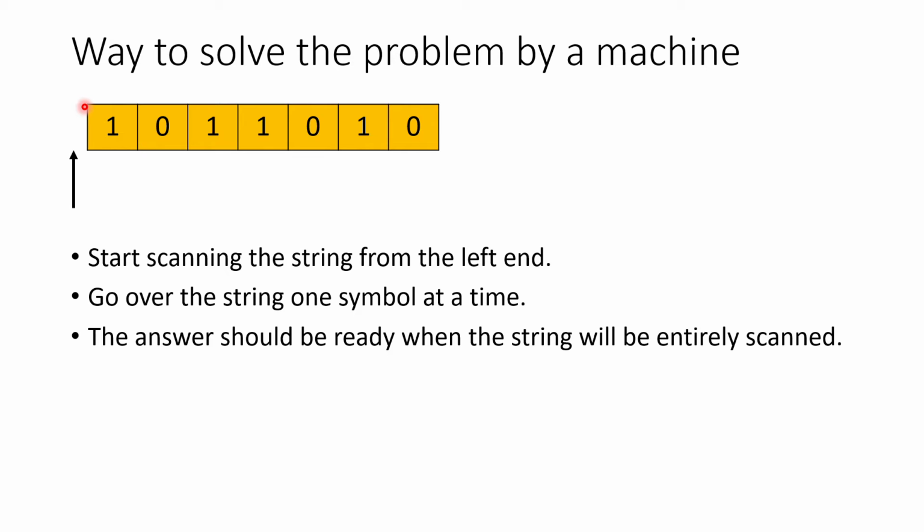Exactly one symbol can be present in a particular cell, and a combination of many cells creates a tape. So the input, some arbitrary combination of ones and zeros, is present in this tape, and assume that you have a controller over here. The controller contains a read head, and that read head reads the symbols one by one.